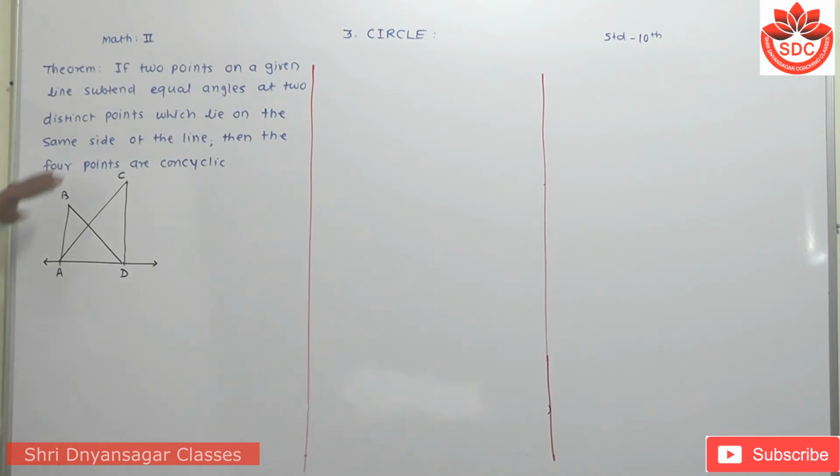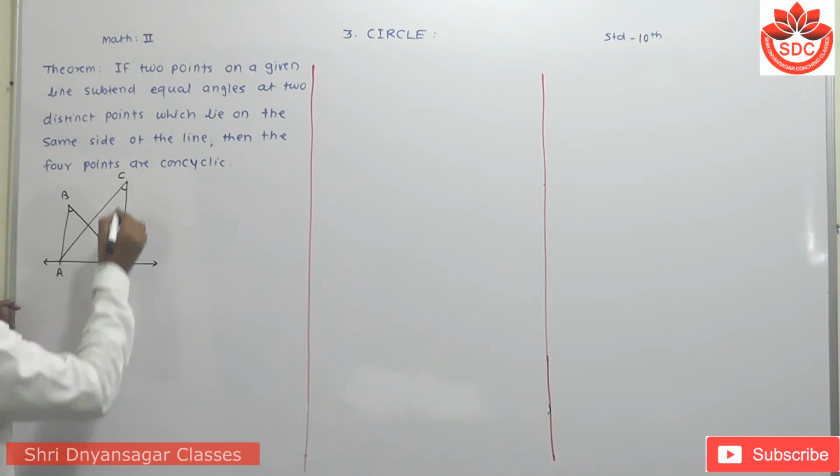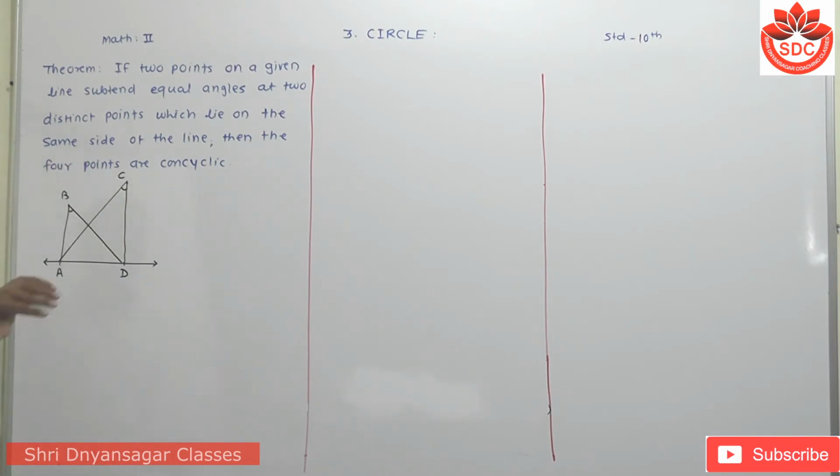Now here are 2 points on the given line that subtend equal angles. म्हणजे हे दोन पॉइंट्स इक्वल अँगल सबटेंड करतात टू द सेम साइड ऑफ द लाइन. Two distinct points which lie on the same side of the line, then the 4 points are concyclic. That all these 4 points are concyclic.